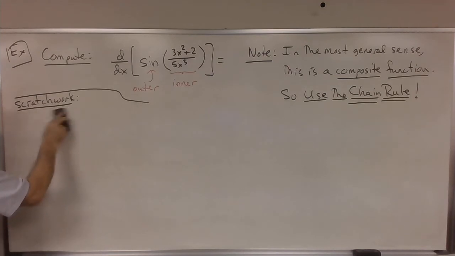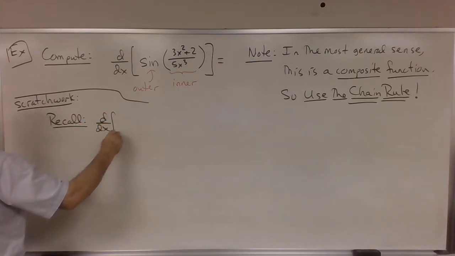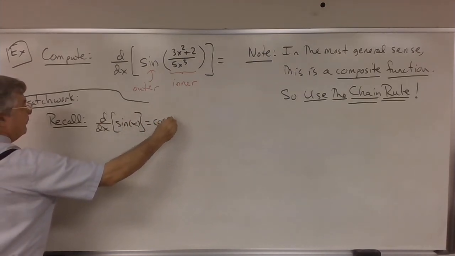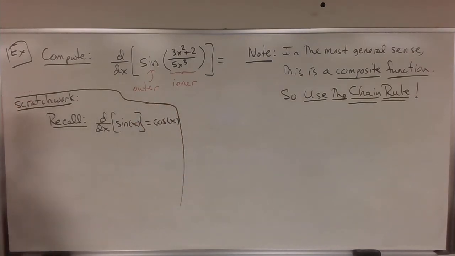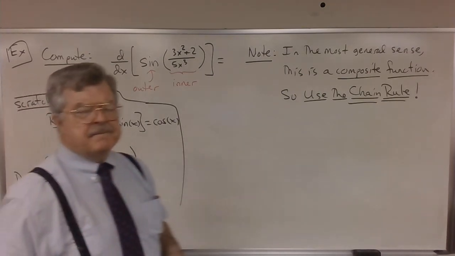And we recall the derivative of the sine of x. So our outer function is the sine evaluated at something. And the derivative of the outer function, well, let's reason on this now.